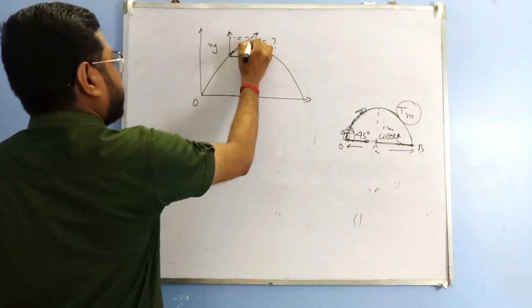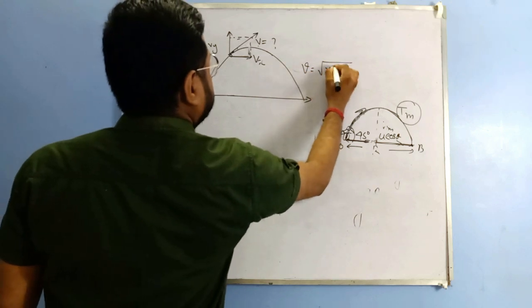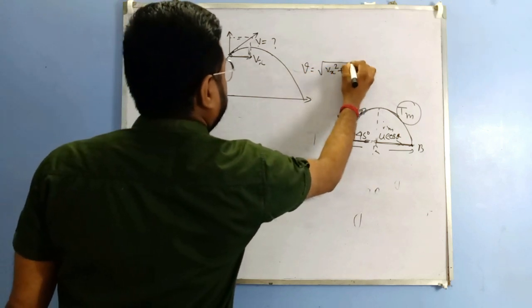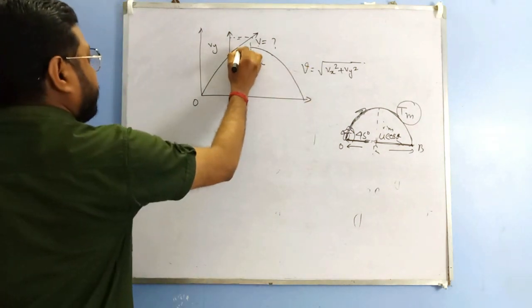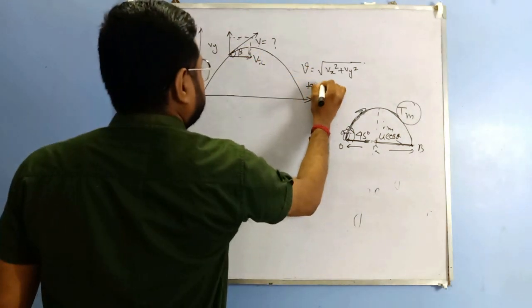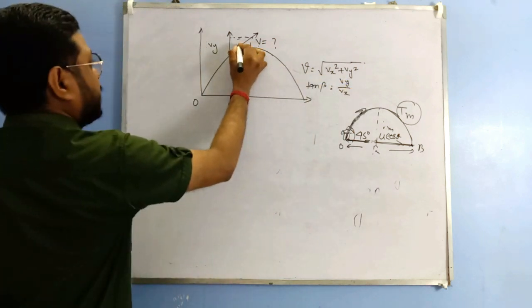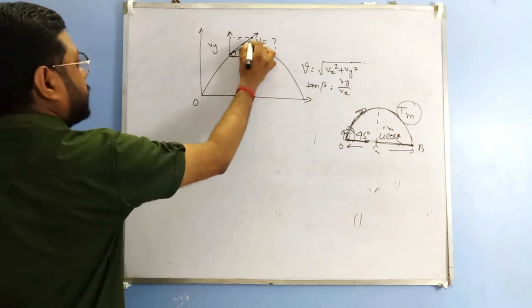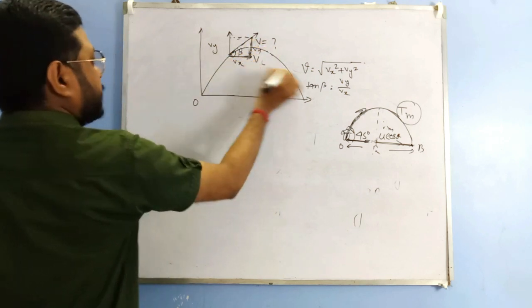Understand this clearly. Obviously from the parallelogram law we can write that V equal to root under Vx square plus Vy square. You know it from vectors, the magnitude of V, and beta, that is the direction of velocity, tan beta equal to Vy by Vx, the perpendicular by the base.